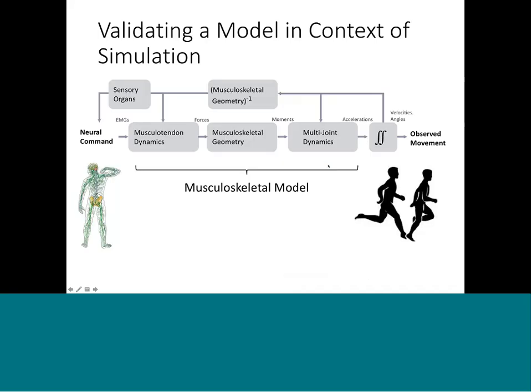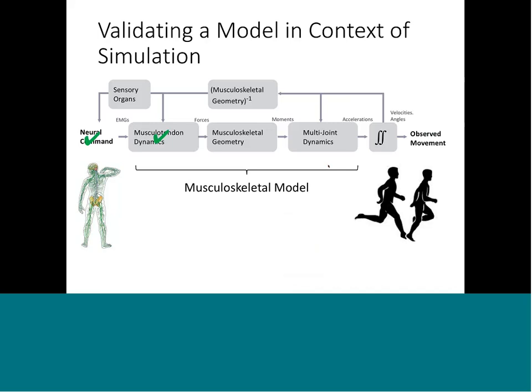So why do we do these things? Well, if we check all of this, then going back to our overall model of how we generate movement, we check that in simulation, we have the right muscles activating at the right time. We are confident that we have parameters that accurately describe how muscle activity generates muscle force. So that's a way of validating our musculotendon dynamics block.